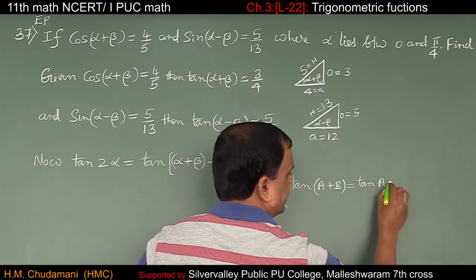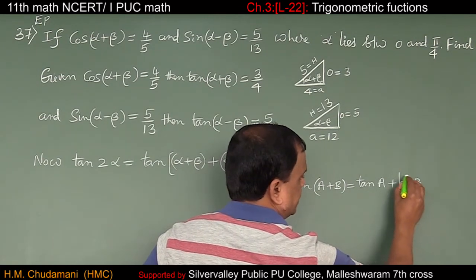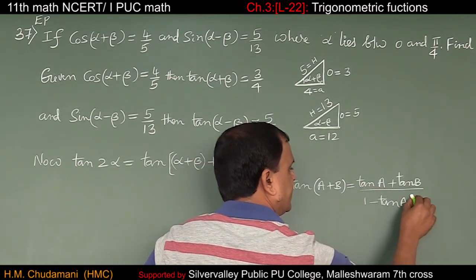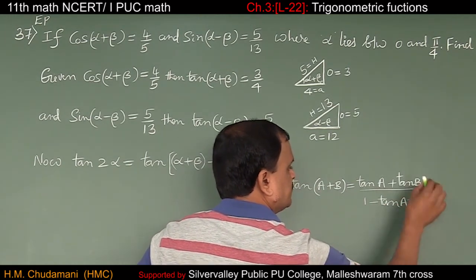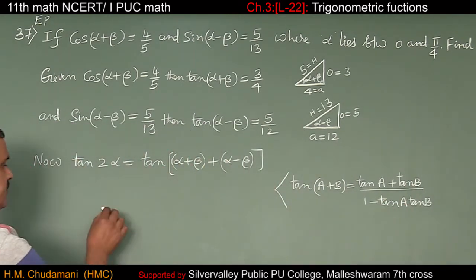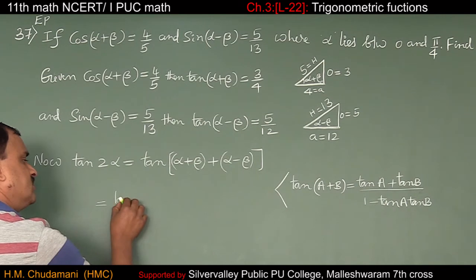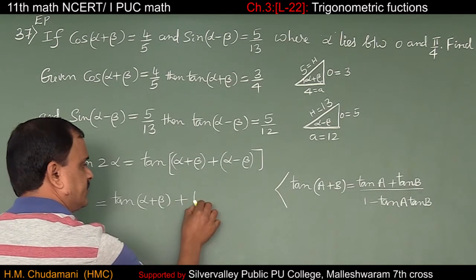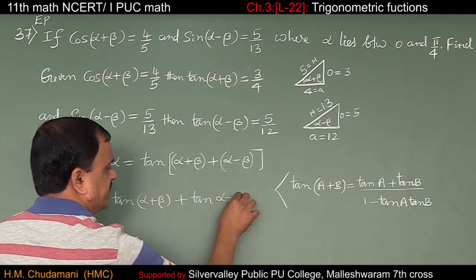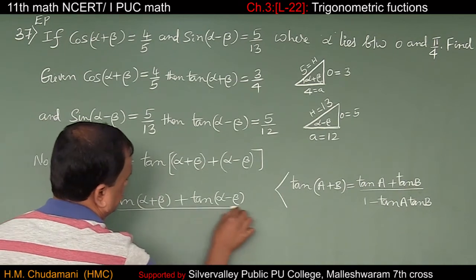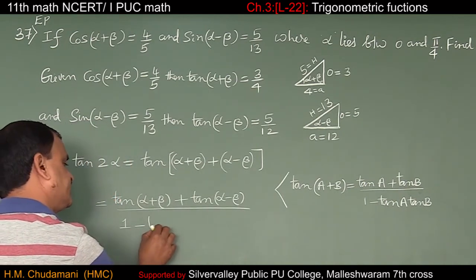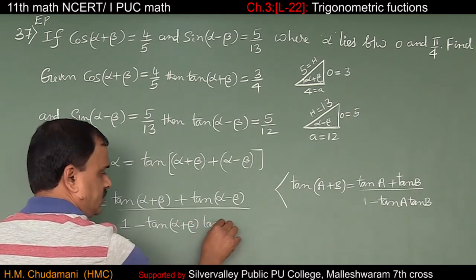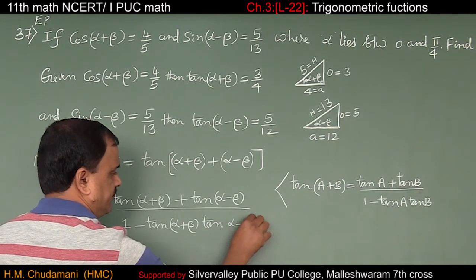Tan A plus tan B divided by 1 minus tan A into tan B. This is equal to tan of alpha plus beta plus tan of alpha minus beta divided by 1 minus tan of alpha plus beta into tan of alpha minus beta.